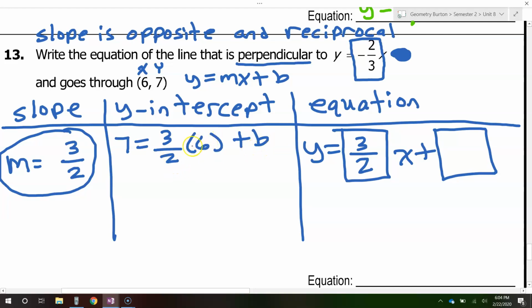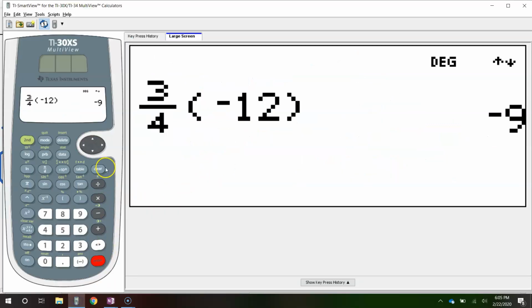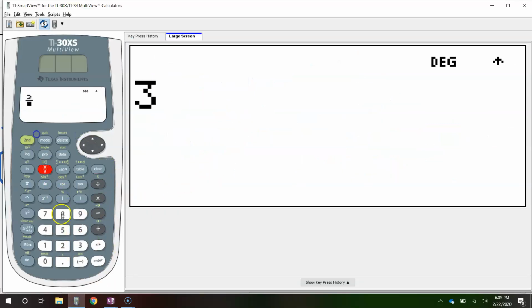And b is the y-intercept. You might be able to do this in your head. 2 goes into 6 3 times. 3 times 3 is 9. So this is going to be 7 is equal to 9 plus b. If that bothers you in any way, use your calculator. 3 over 2 times 6.